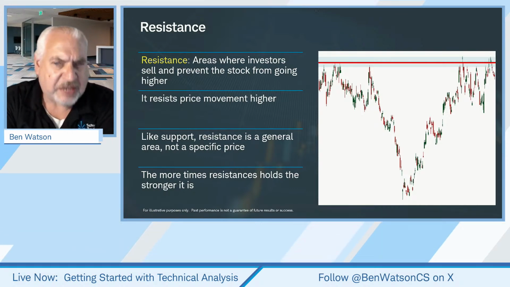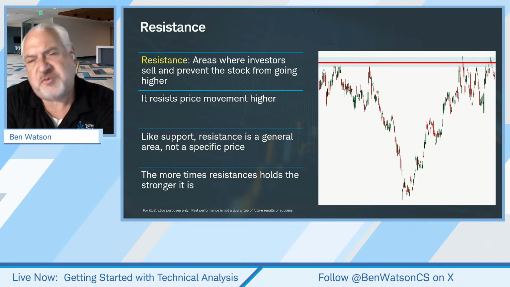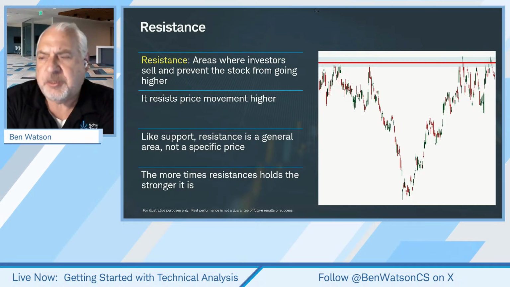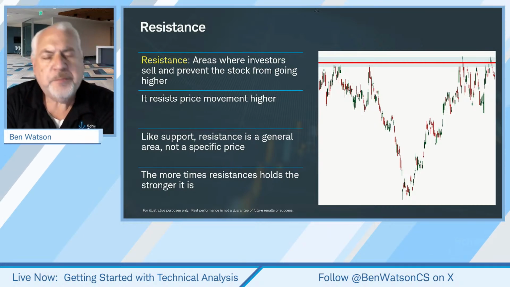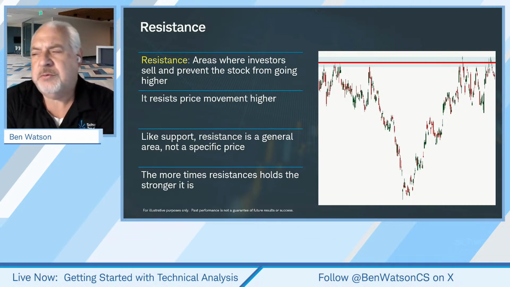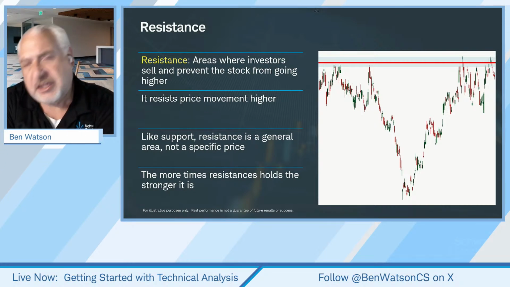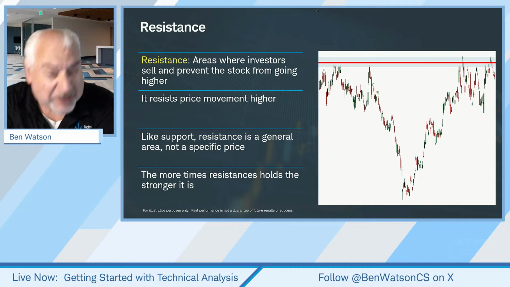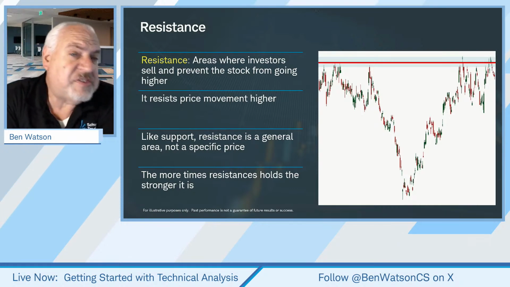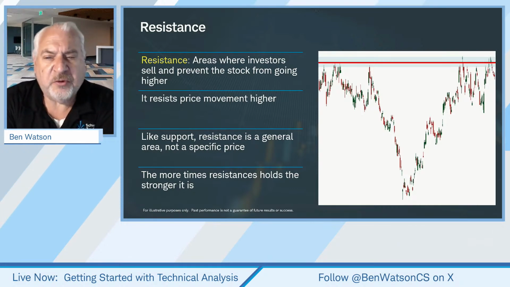So it resists price movement higher. It doesn't guarantee that price can't go higher, but at the current information known and at the current level, assuming that the price of the stock is running into that resistance and turning around or stopping, not going higher, then that is objectively a level of resistance.